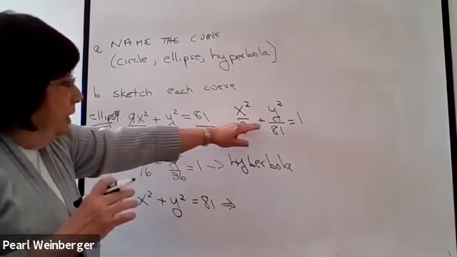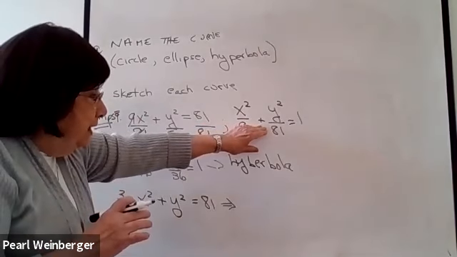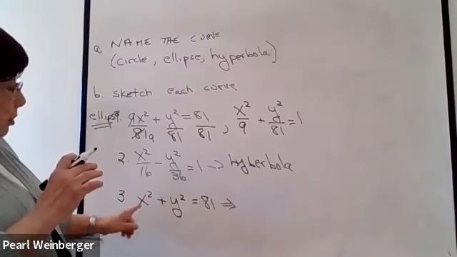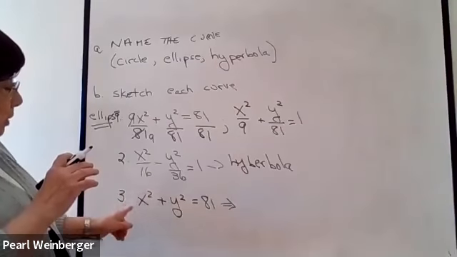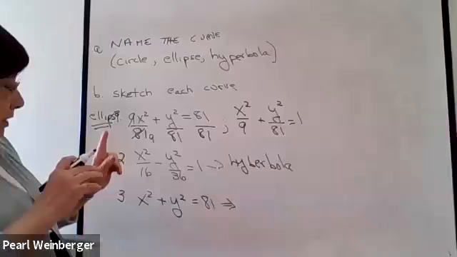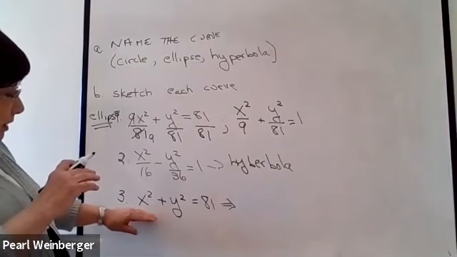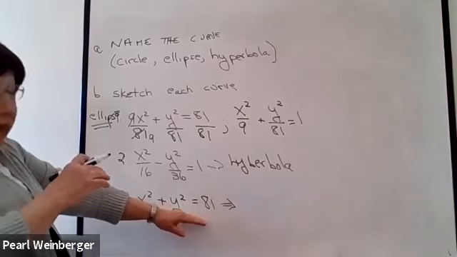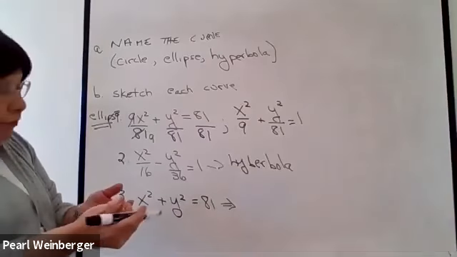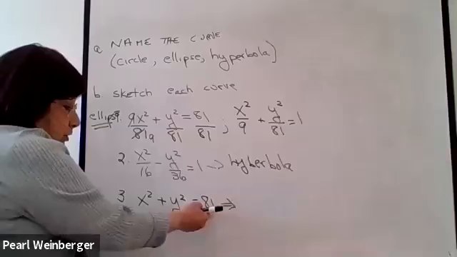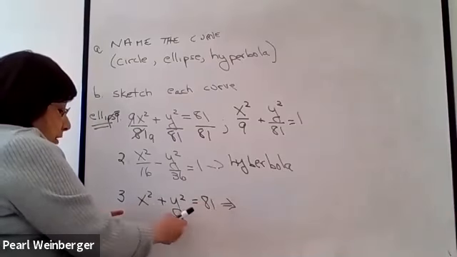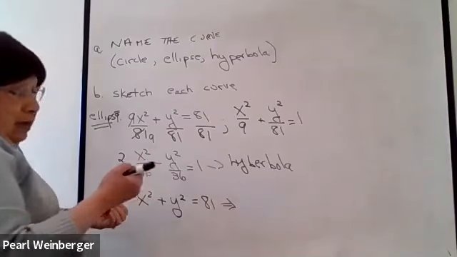But when you have a plus, it could either be an ellipse or a circle when the coefficients of both the x squared and the y squared are 1. They're not over anything. If you would have tried to put this in what we call standard form, you could have done that, but we usually don't do that with a circle. Both the numbers over here would be the same.